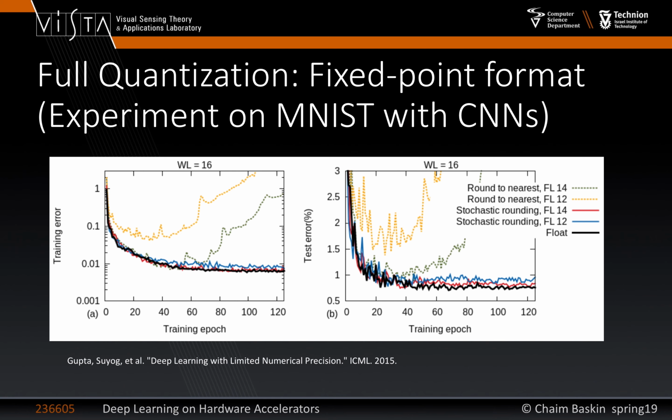Okay, so the experiments that were done on MNIST, which is the basic dataset, showed that when they use this algorithm, they reduced the parameters to 12 bits and achieved the same accuracy as with floating point. Again, this is one of the first works.